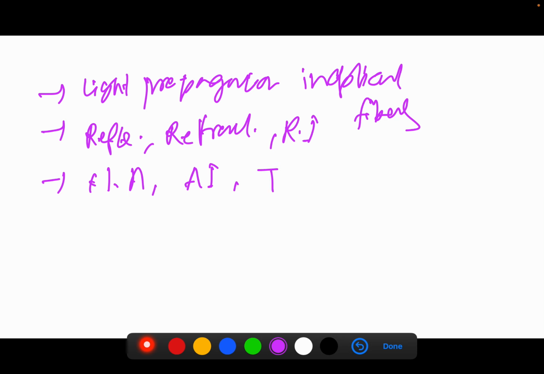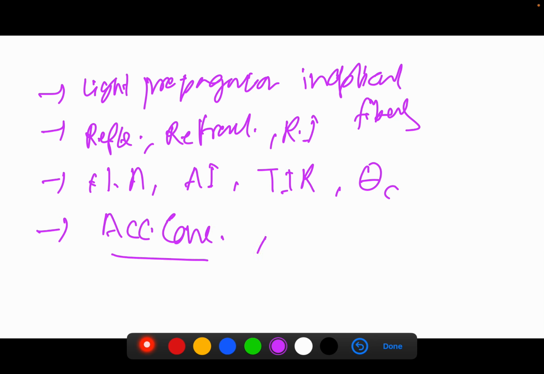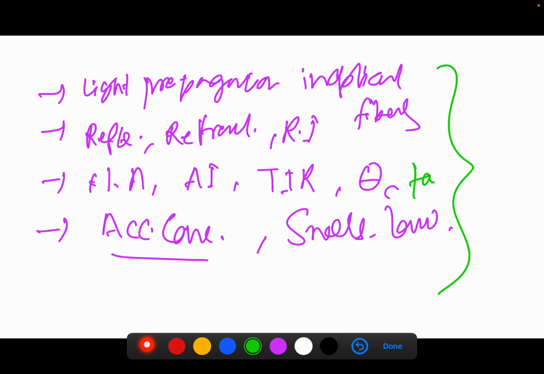Then we also discussed the phenomenon of total internal reflection, and the critical angle. These are the basic topics that we discussed. We have also covered the acceptance cone. Then we covered Snell's law, how the refractive index is related to the angle of incidence and angle of refraction. So these are the basic key takeaways from my earlier couple of videos and this video.